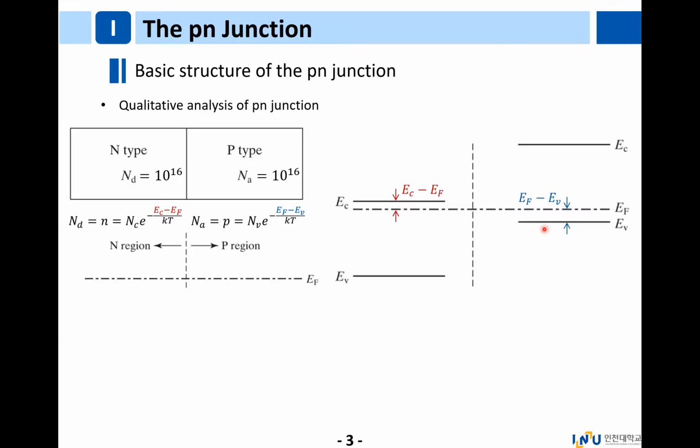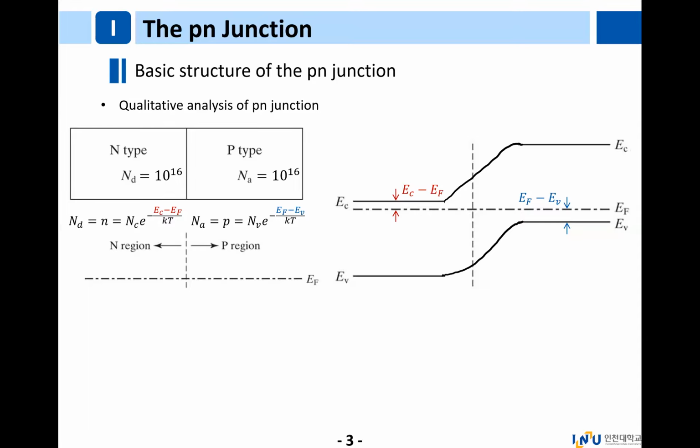While the exact connection in the middle may not be precise, draw a lovely smooth connection. So this smooth connection represents the energy band diagram for the PN junction.